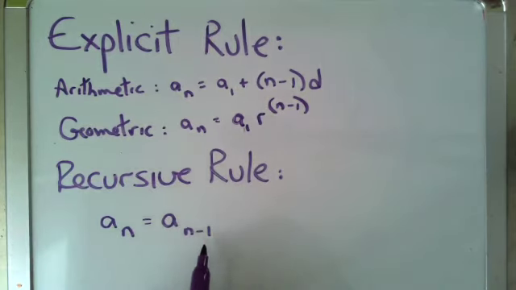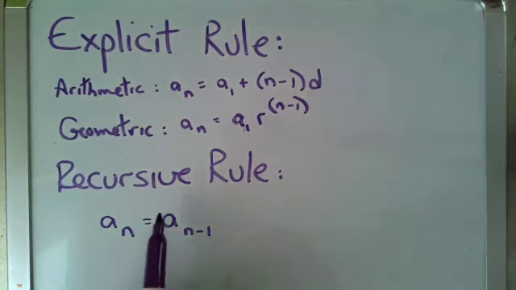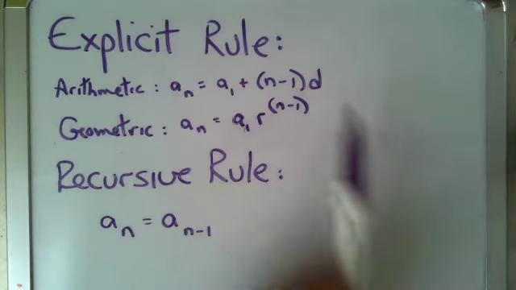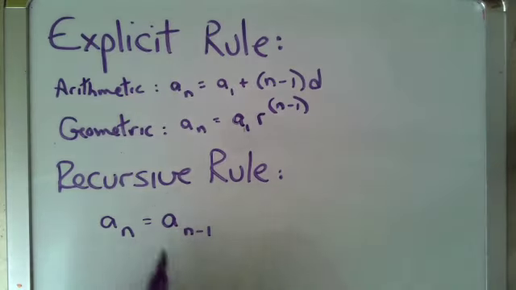That means the term before the term you're looking for. Students get really tripped up by this a sub n minus 1 notation, but all that means is if you're looking for the fourth term, 4 minus 1 is 3, so you're going to use the third term, the one right before it.